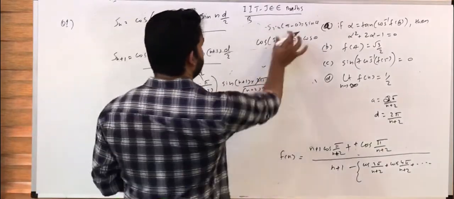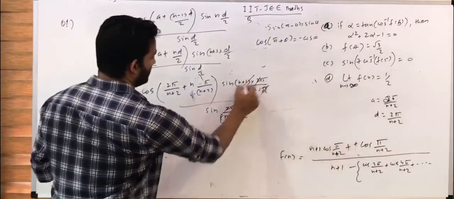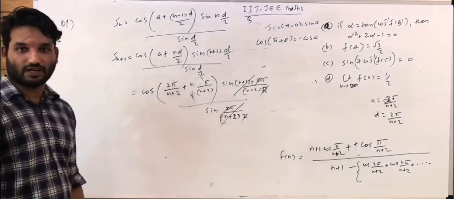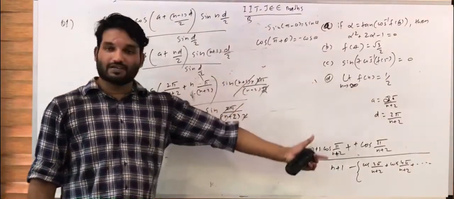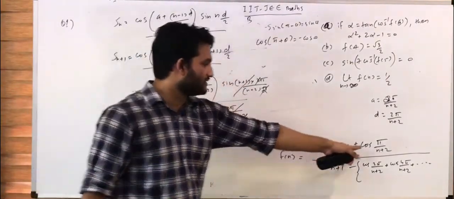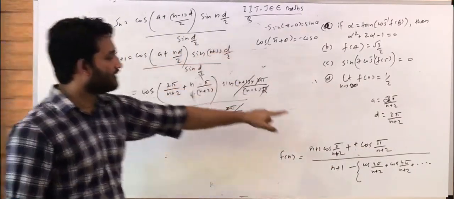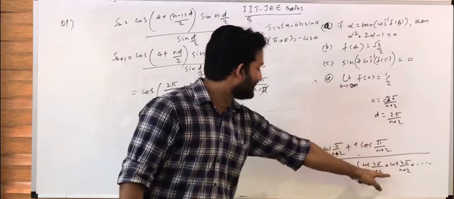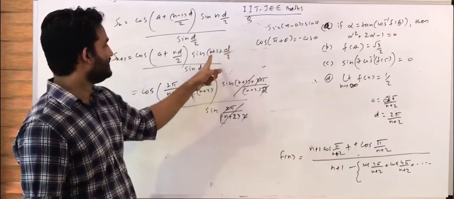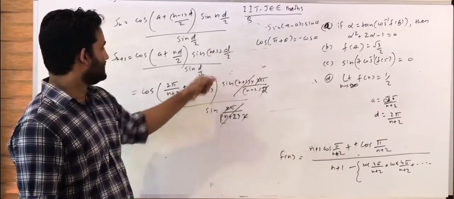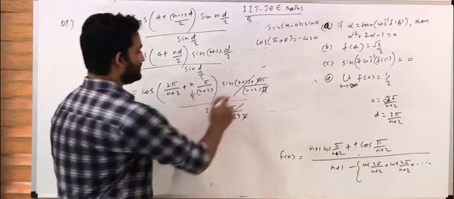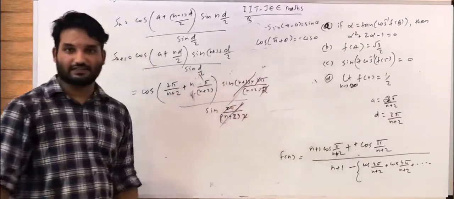These are the same. Using this formula we can cancel these two terms, the same as I have done before for this cos series. Okay, because d is common for this series and this series. d is not changing, n is not changing. So these two terms get cancelled.